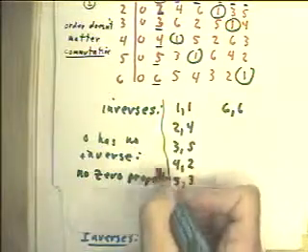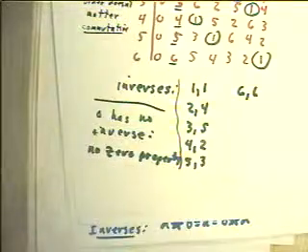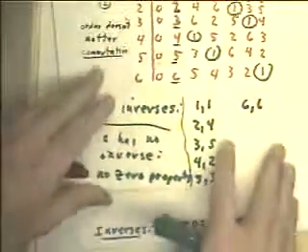So we can't say that the table actually has the inverse property. There's no inverse property associated with this table.